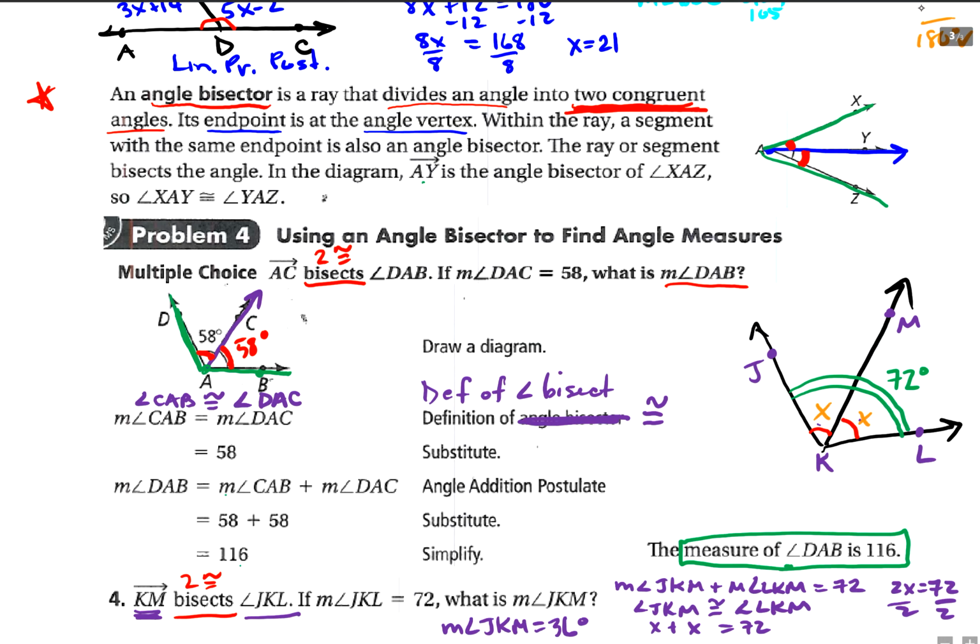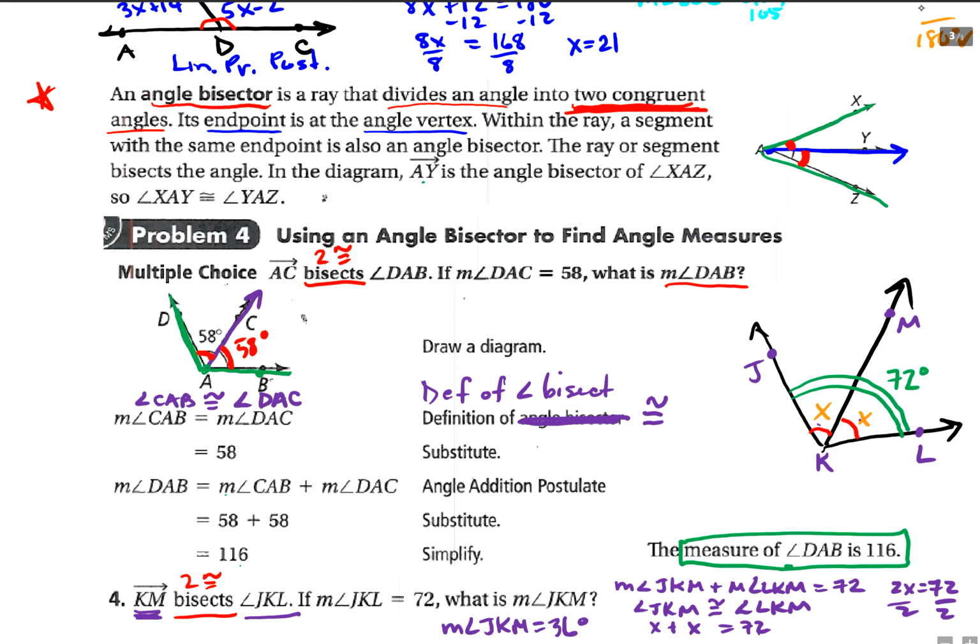So I know from angle addition postulate that the measures of my two angles equals the whole angle, so that's 72. But I know from bisect, definition of bisect, that my two angles are congruent, which is why I can label them both x. So I can just say x plus x is 72, and so 2x is 72.